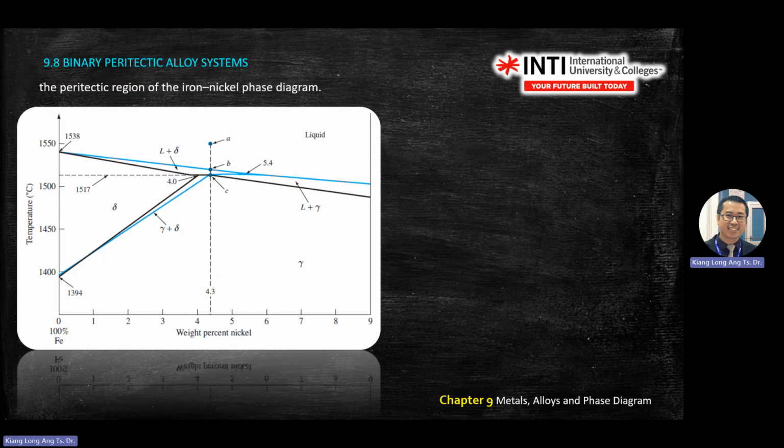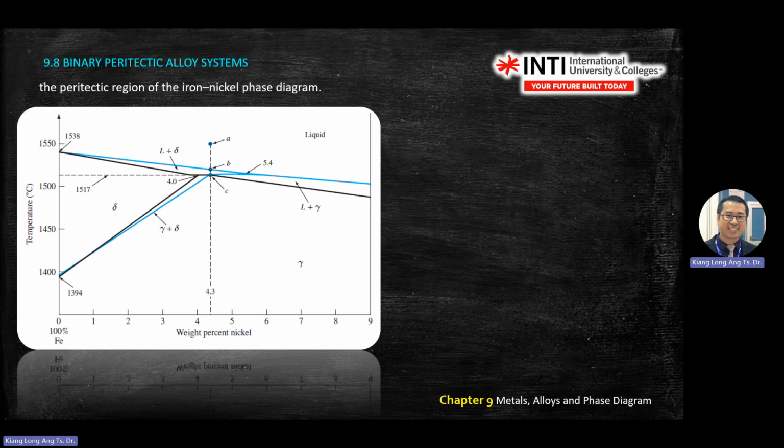Okay, so if you look at this phase diagram, this is the weight percentage of nickel. This graph goes from 0 to 9, that is weight percent of Ni combined with ferrum. For the temperature, you are given liquid on the top, gamma and delta on the left, and in the middle here is gamma plus delta. Here a little bit of liquid plus gamma, here is liquid plus delta.